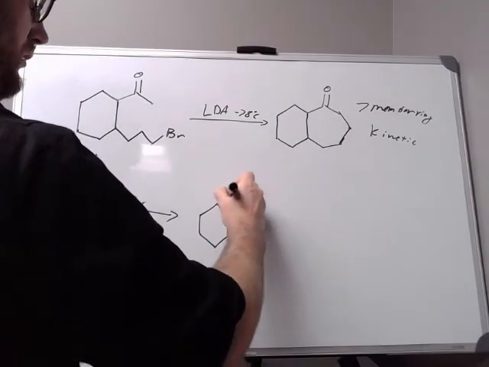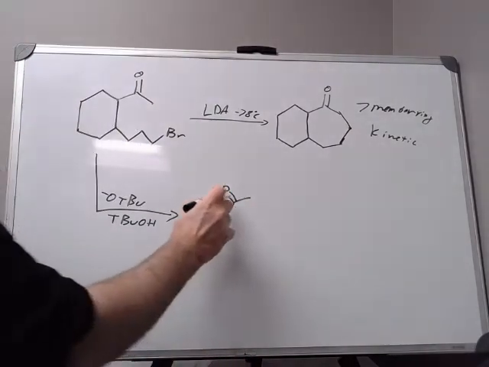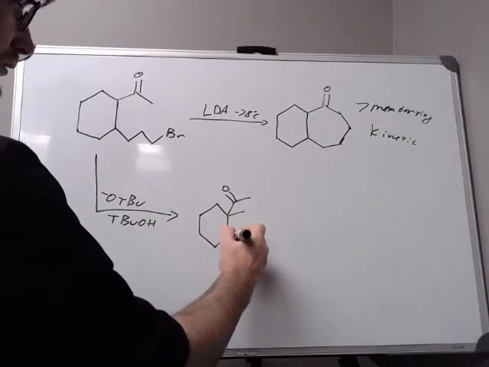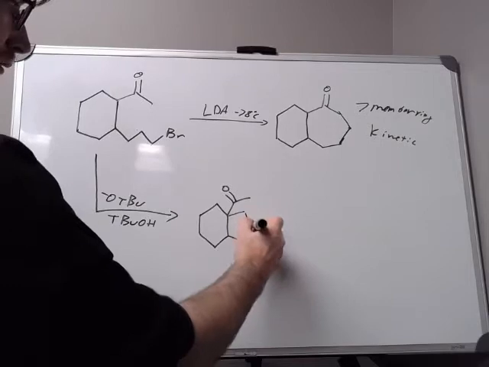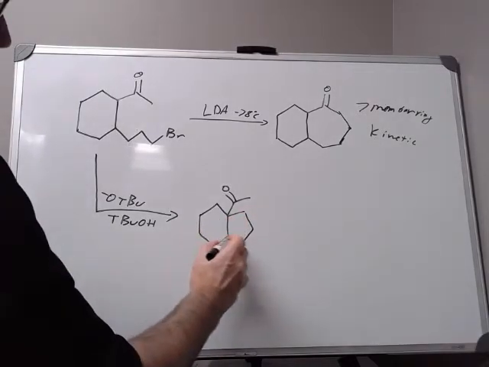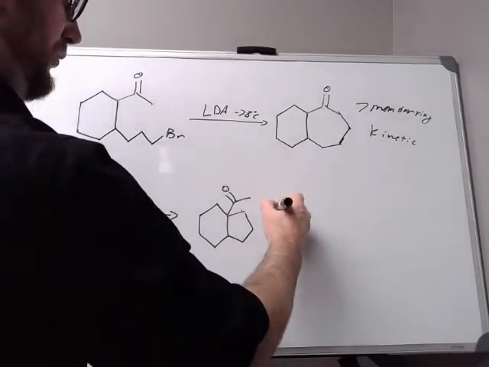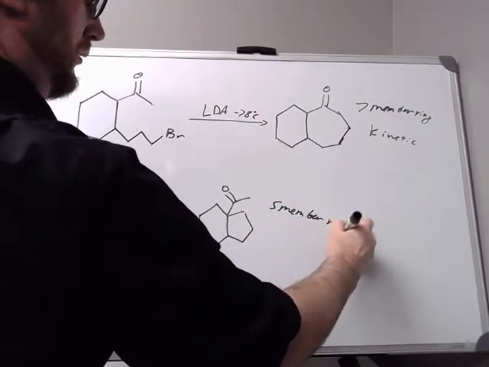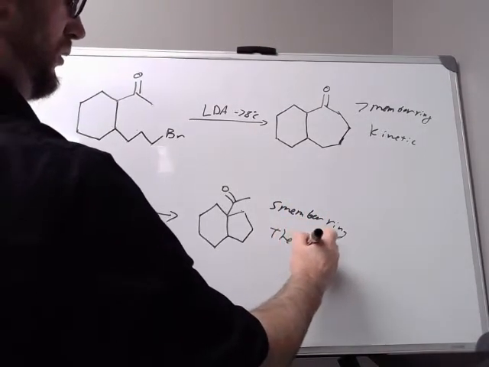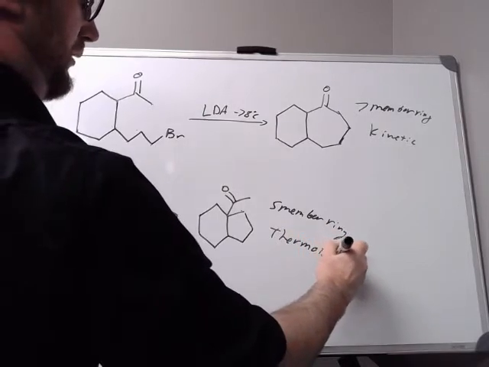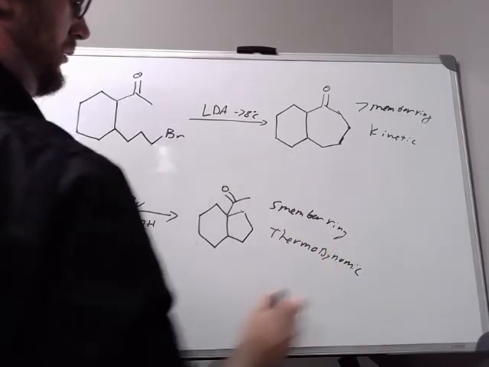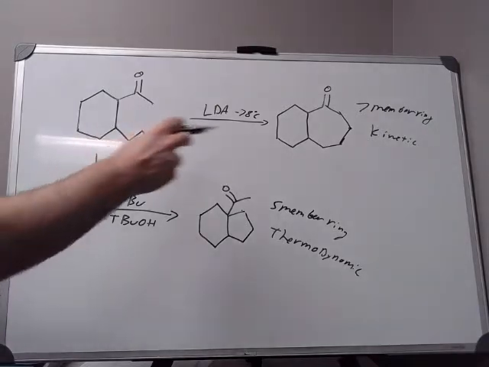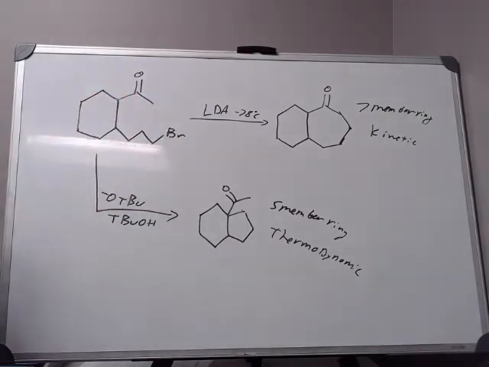And the ketone would be outside that ring. So here we have this 5-membered ring, and it would be the thermodynamic product. And so this is another case where we can get more than one product depending on what type of base we use.